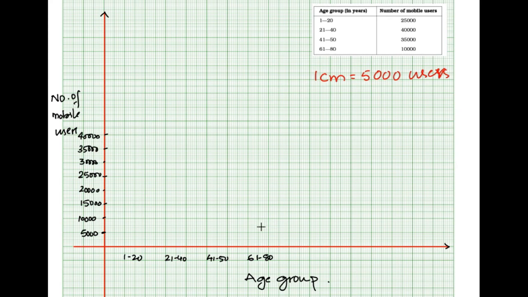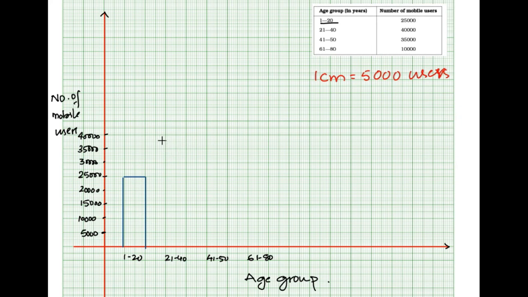Now we require for age group 1 to 20 it is 25,000. So I'm going to make a rectangular box with respect to 25,000. This rectangular box will indicate the age group 1 to 20.